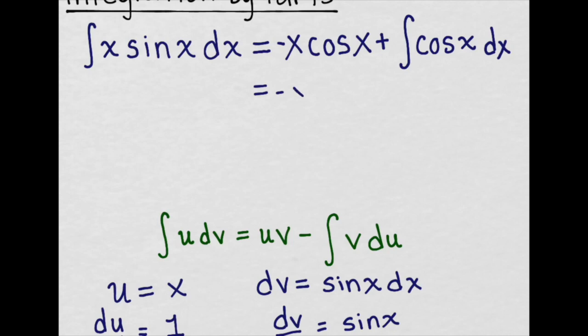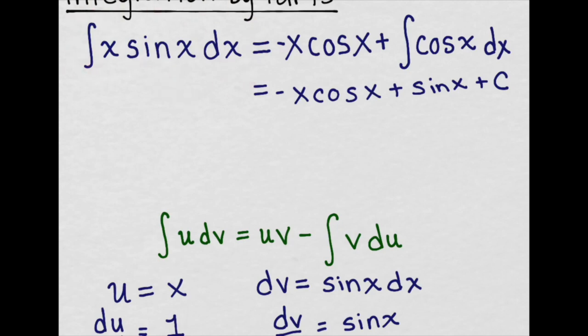We have negative x cosine of x, and this integral, which is an indefinite integral, evaluates to sine of x, and don't forget the integration constant because it's an indefinite integral. So in a sense, this integration constant here is for this particular integral, and also this was expected because the original integral was an indefinite integral.